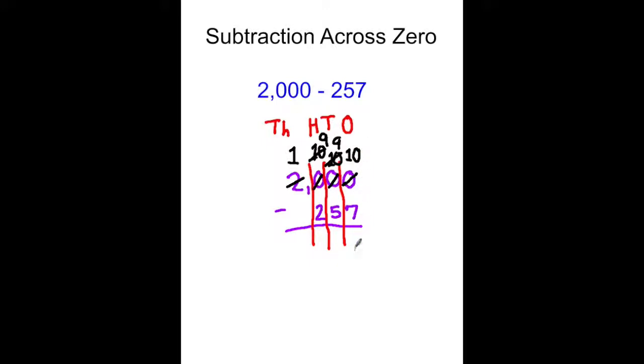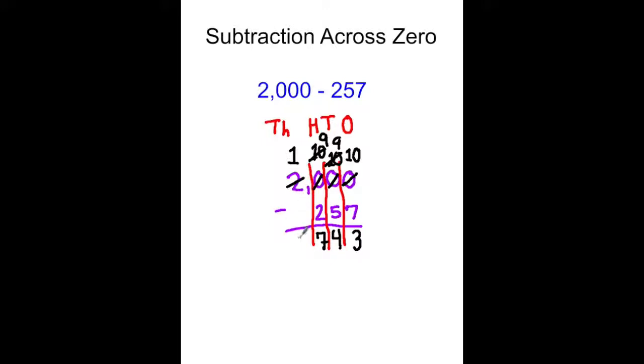And finally, after all that work, we're ready to subtract. 10 minus 7 is 3. 9 tens minus 5 tens is 4 tens. On to the hundreds place. 9 hundreds minus 2 hundreds is 7 hundreds.